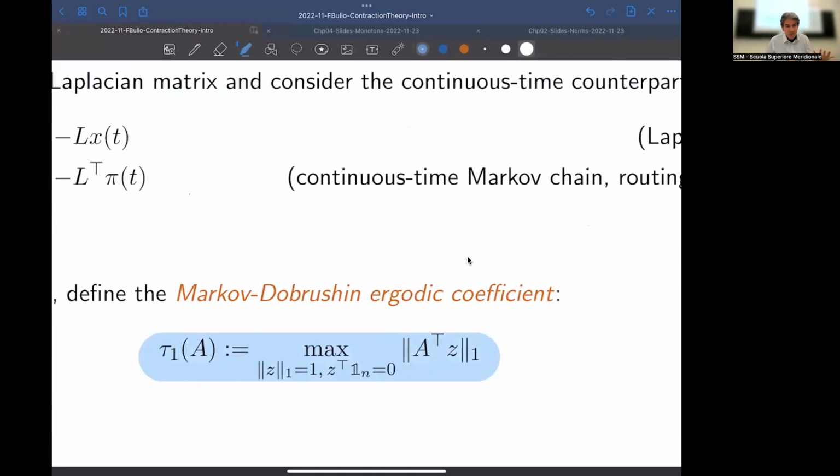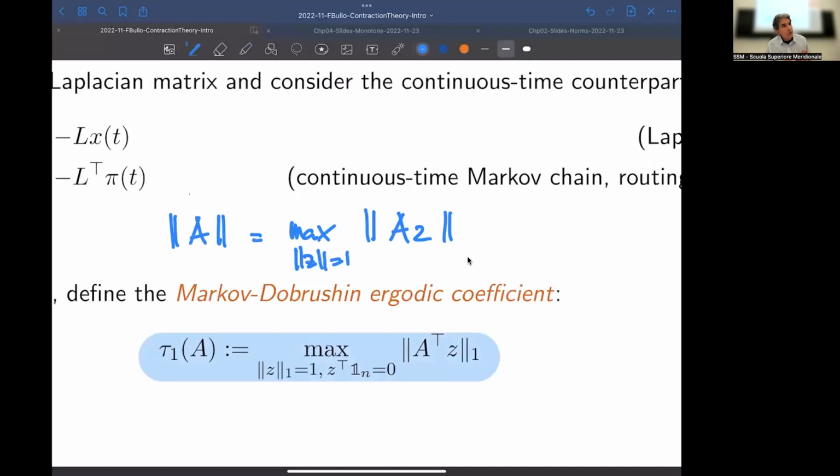It begins to look like an induced matrix norm. Why? Because remember, the definition of induced norm would be the maximum of the norm of Az, where the norm of z is equal to 1. It's almost an induced norm.